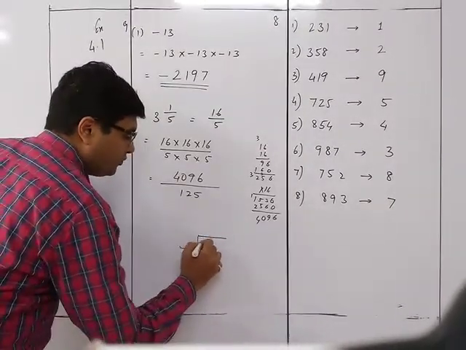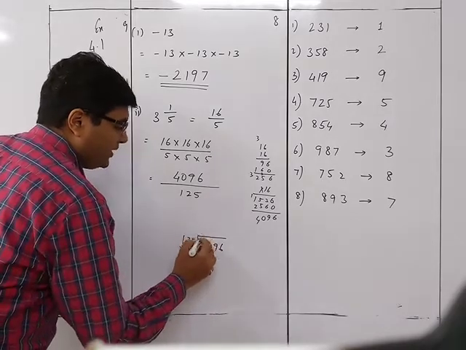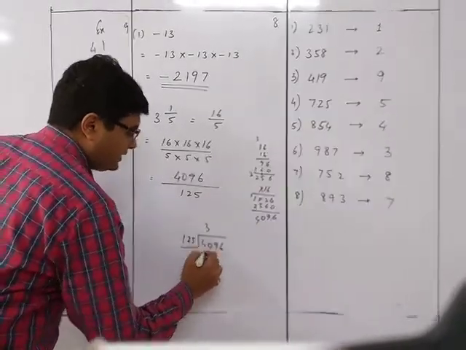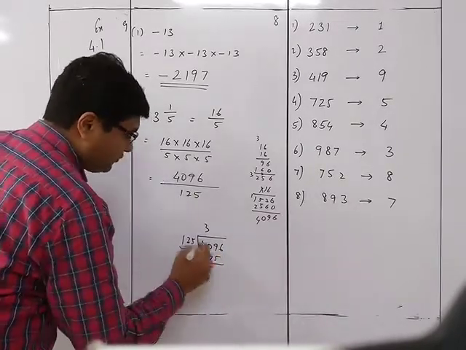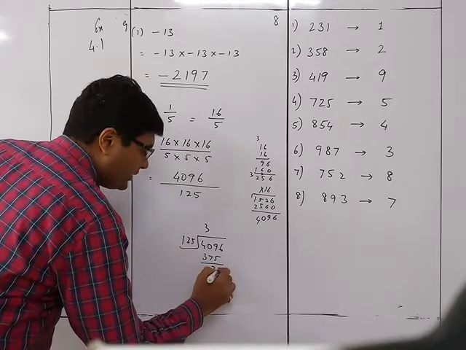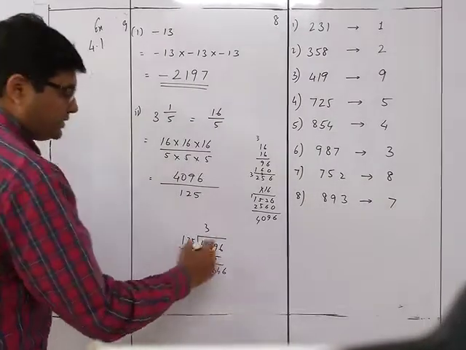So that will be 4096 divided by 125. We know 125 into 3 will be 375. Accordingly we get 25 plus 9, 34.